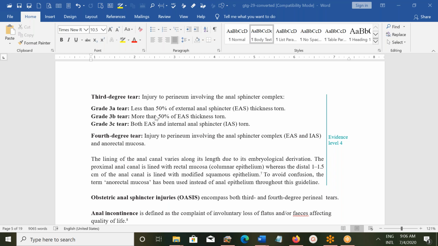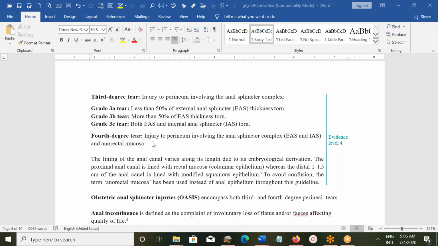Grade 3A means that less than 50% of external anal sphincter thickness has been torn. Grade 3B tear means more than 50% of external anal sphincter thickness is torn. In A and B, it is the external anal sphincter that has been torn. Grade 3C tear means both the external anal sphincter and internal anal sphincter are torn.